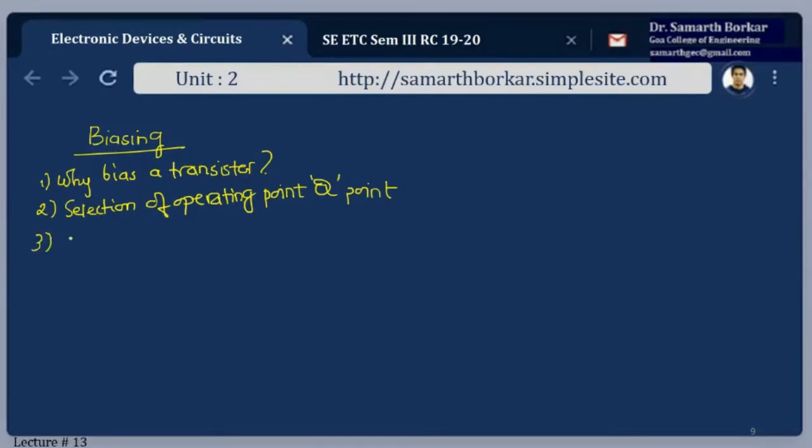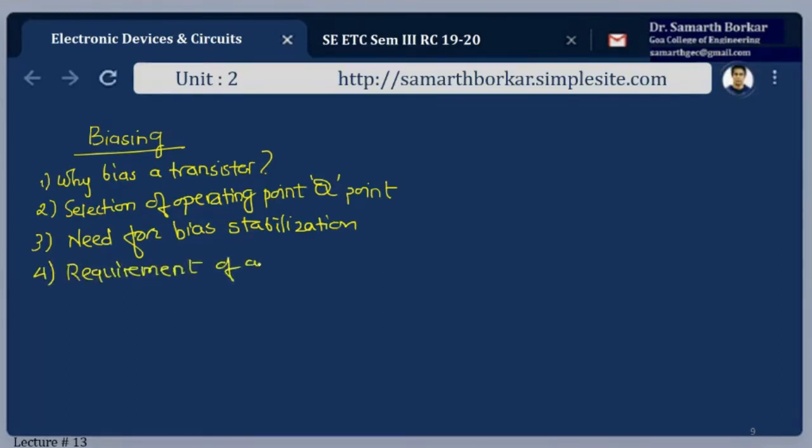Third, need for bias stabilization. What is the need? Why we go for bias stabilization? Then fourth, requirement of a biasing circuit. What all is expected from the biasing network?